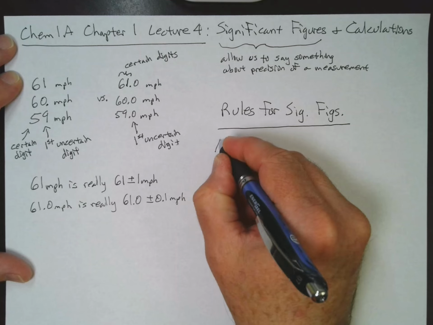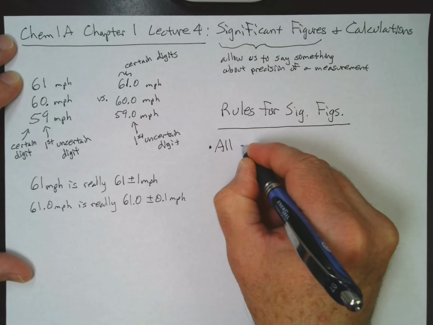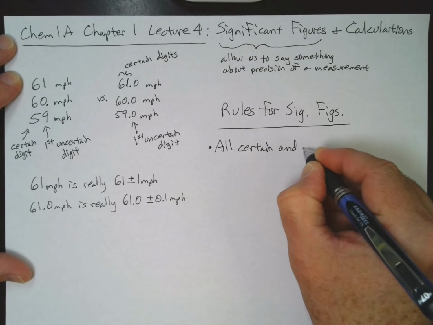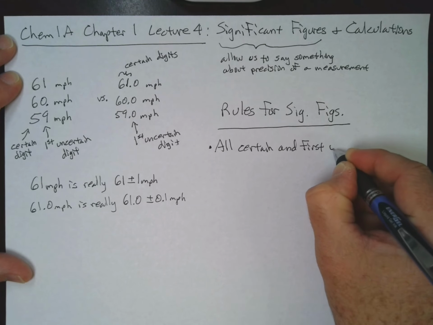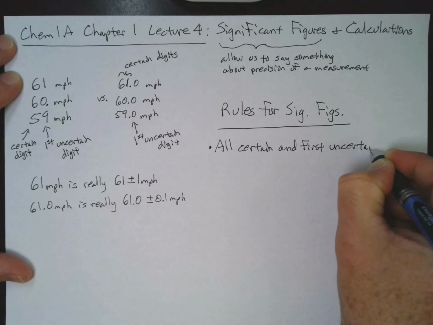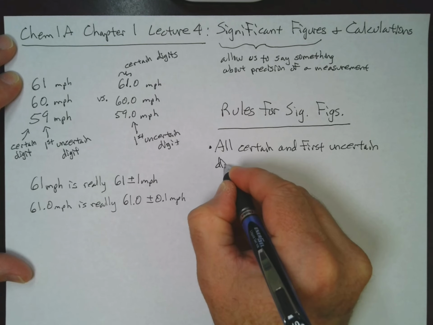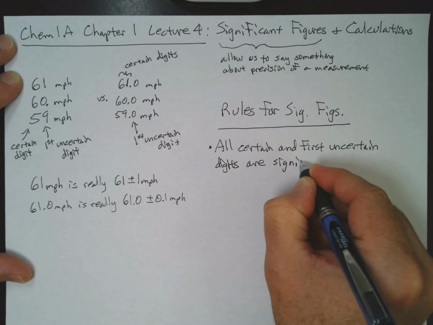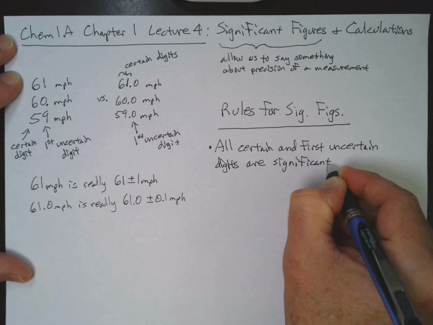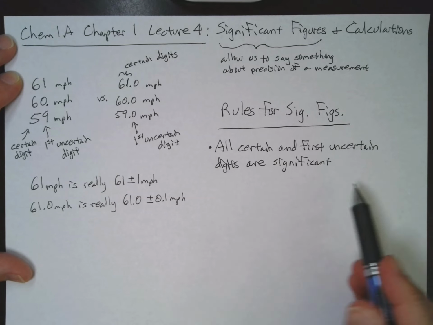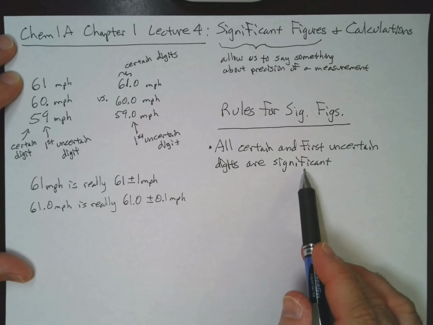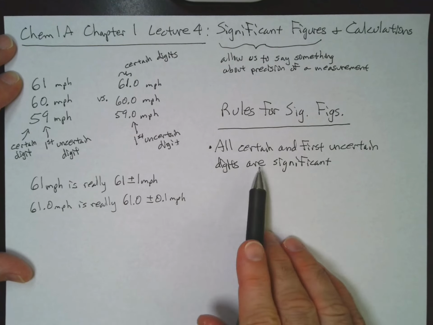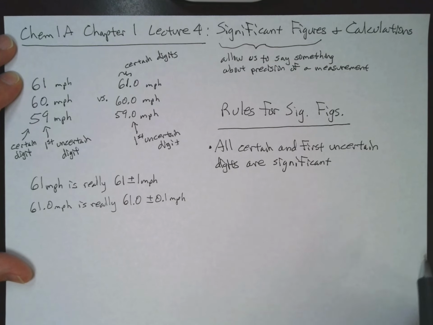So all certain and the first uncertain digits are significant. In fact, we don't even report digits that aren't significant after our first uncertain digit. Okay, so we don't write down later uncertain digits.